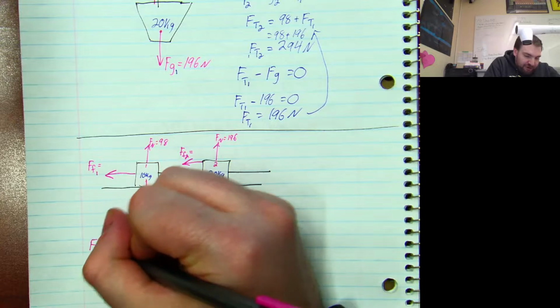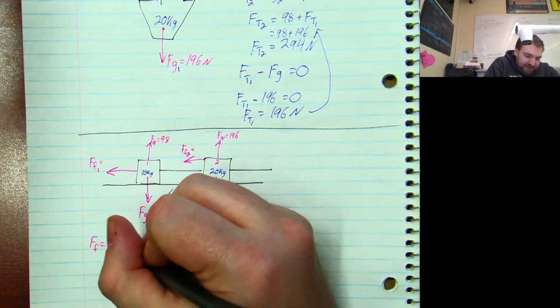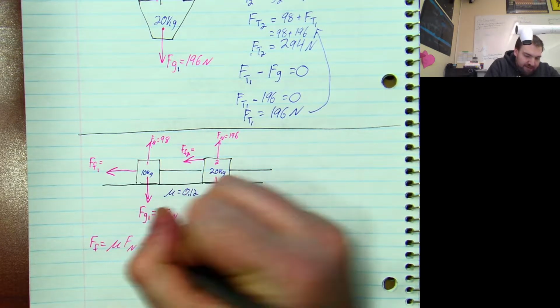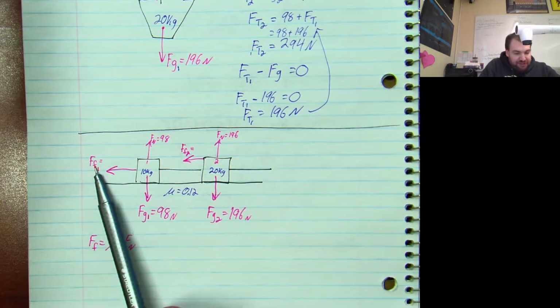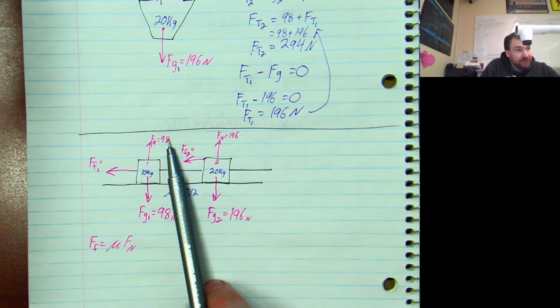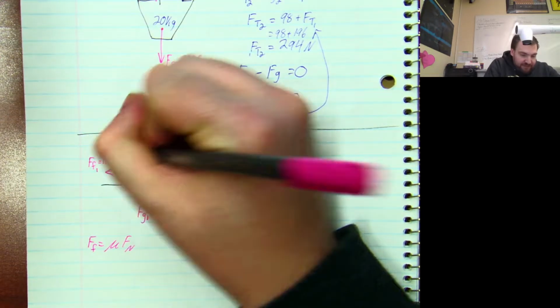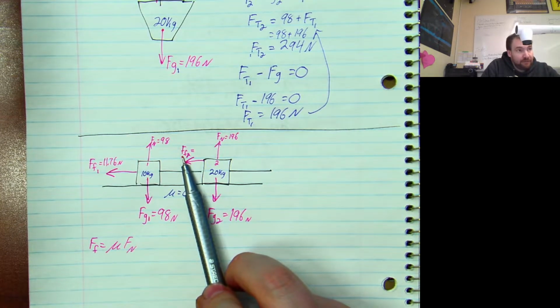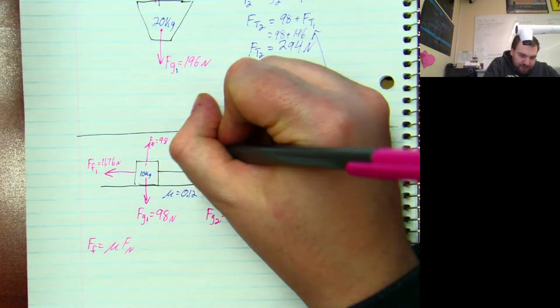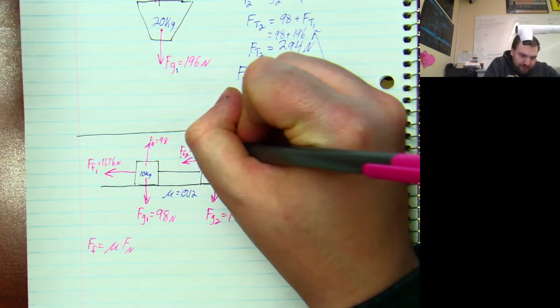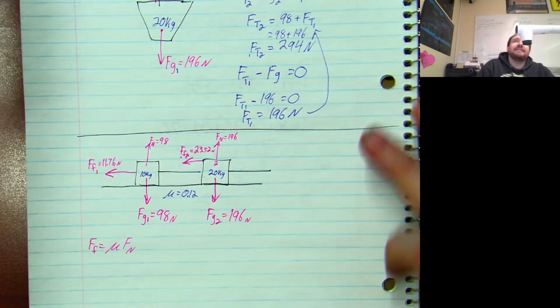Just to recall, I'll throw it down here: force of friction is mu Fn. So the force of friction here is going to be 0.12 times 98, which is 11.76. And this guy is going to be 23.52. Love it. What other forces are acting on these objects?